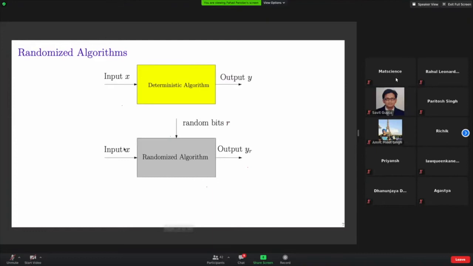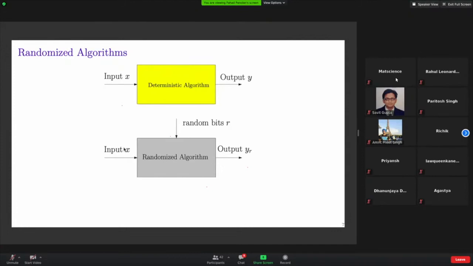Now, in the case of a randomized algorithm, there is one more additional thing. It can toss coins, and it has access to random bits. Or in other words, your algorithm is able to do coin tosses, and then based on that information and input, it can compute an output.